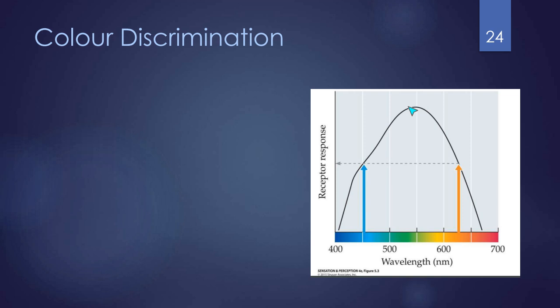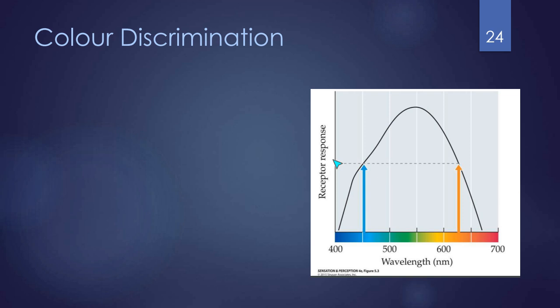But lights of 450 nanometers and 625 nanometers have the same response, right? This is the response to a 450 nanometer wavelength of light. This is the response to a 625 nanometer wavelength of light, and you'll see it's the same response.